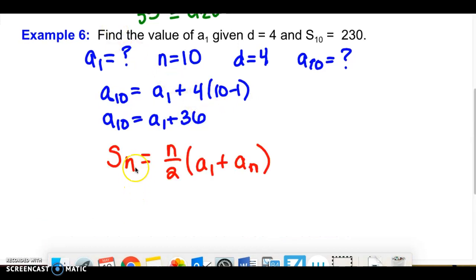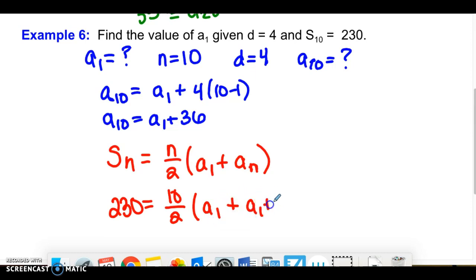Remember, our sum formula is Sn equals n over 2 times A1 plus An. So our sum of 230 is equal to 10, because that's how many terms we have, divided by 2. Now we don't know the first or the last, but we know them in terms of each other.